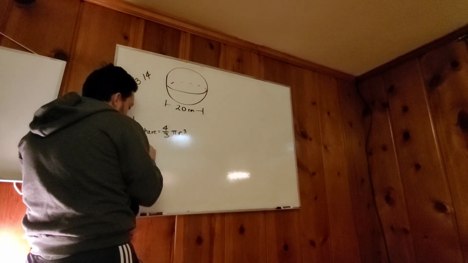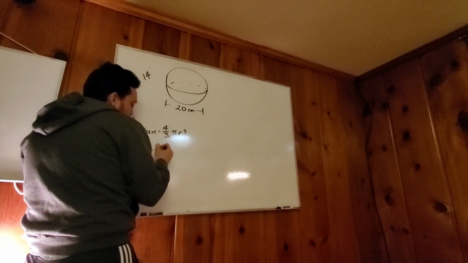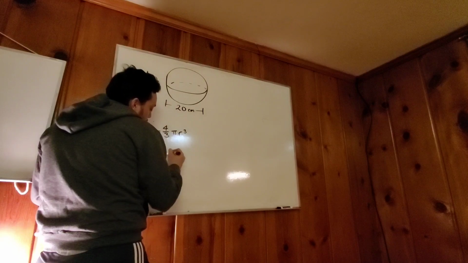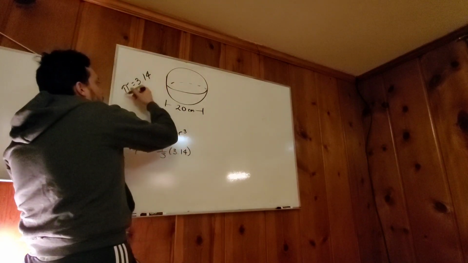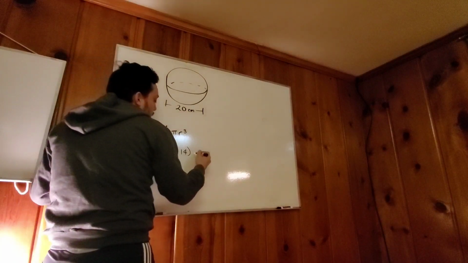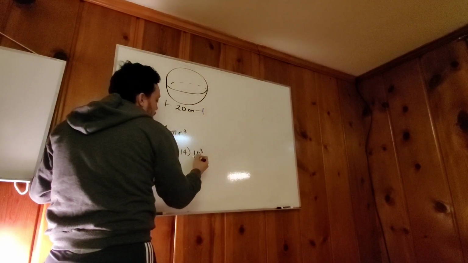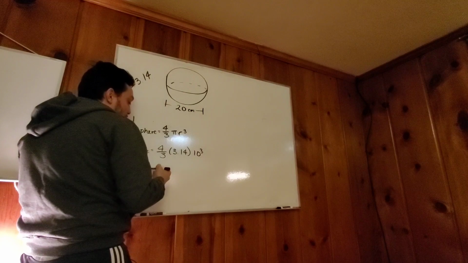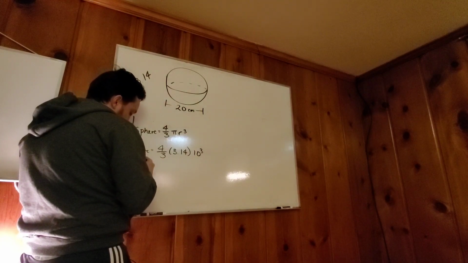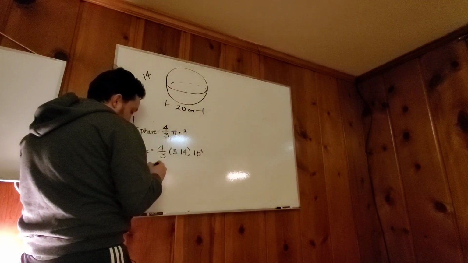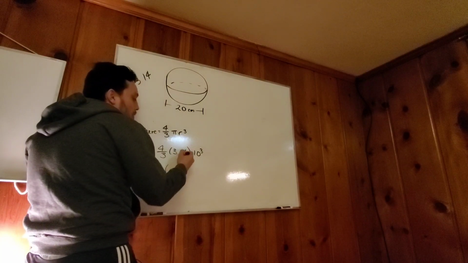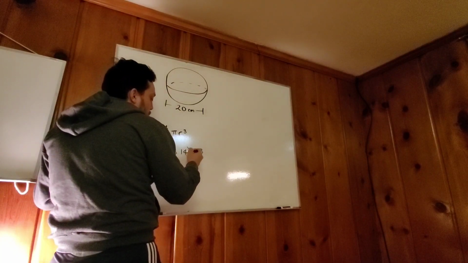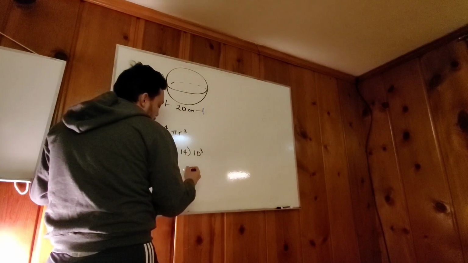So the volume of this particular sphere is going to be 4/3 of 3.14, because we are supposed to use 3.14 for pi, times 10 cubed. 10 cubed is going to be 1,000. 1,000 times 3.14 is going to be 3,140.